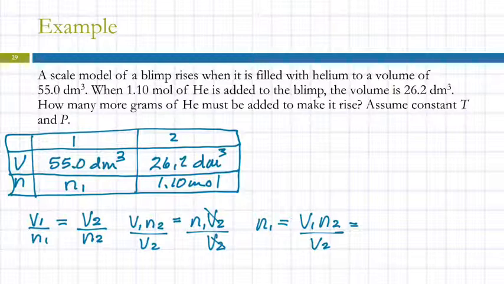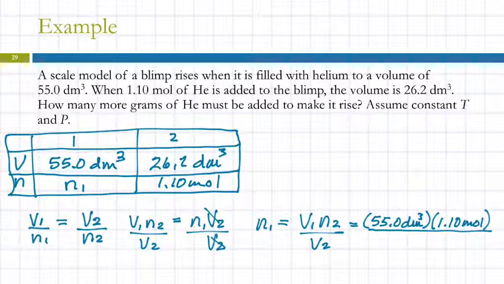So I'm just going to plug my numbers in. V1, 55.0 cubic decimeters. N2 is 1.10 moles. And I've got V2 on the bottom, 26.2 cubic decimeters.